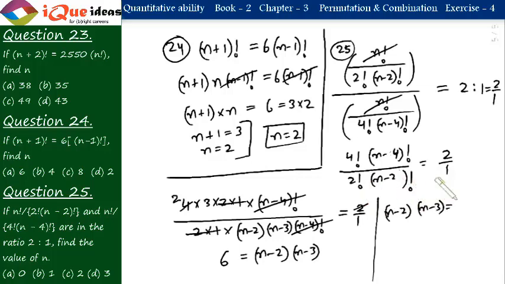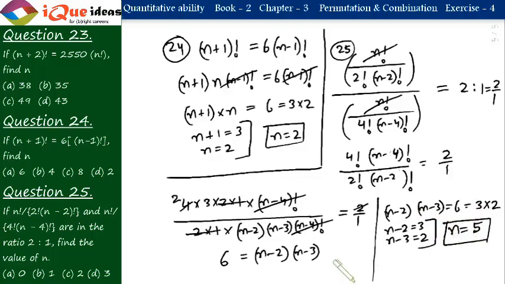So break 6 into 3 into 2, consecutive integers. So from here very clearly n minus 2 is equal to 3, or n minus 3 is equal to 2, because the larger one here should be equal to the larger one there. So in any case you get n equal to 5. So the value of n in this question is 5. Alright.